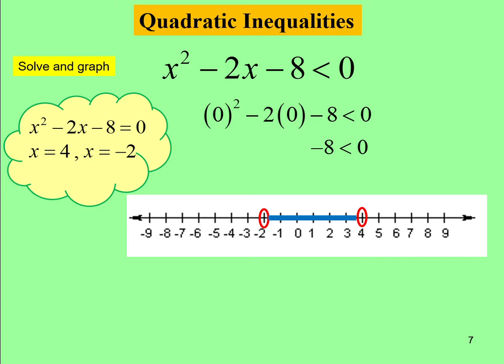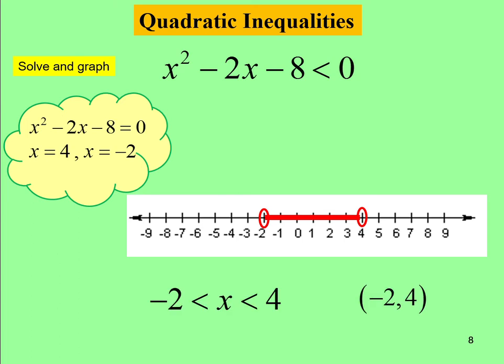We test a number in the other region, like 5, and it is not true, so we do not shade that. And again, the interval notation would look like this: inequality notation, interval notation.